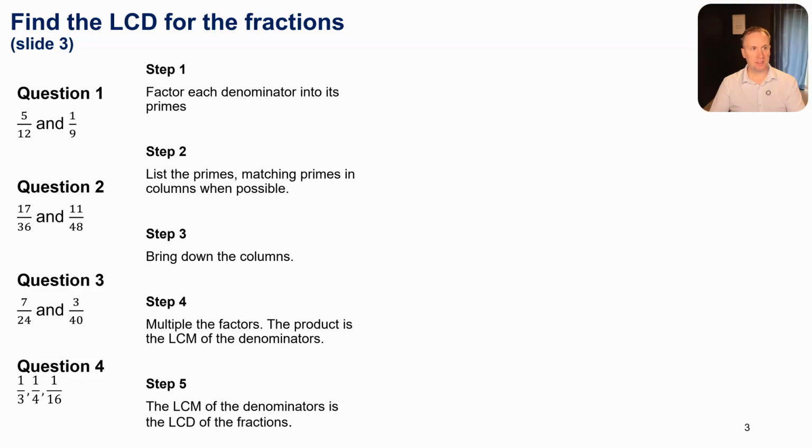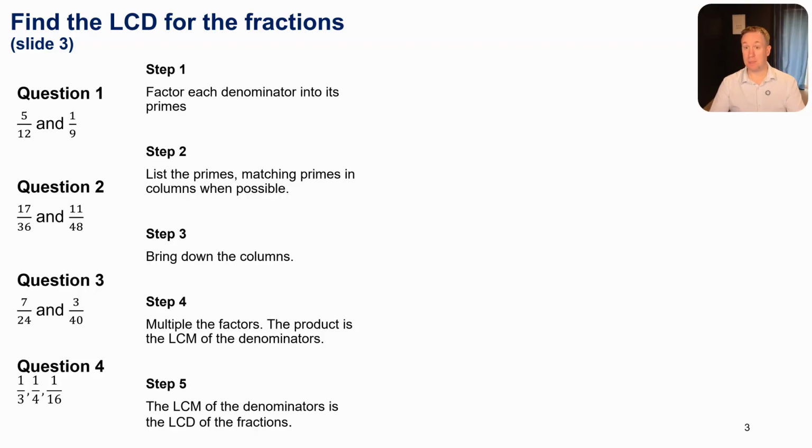Now let's find the least common denominator for the following fractions here. The method I have listed is the method specifically from the OpenStax Pre-Algebra textbook. Broadly speaking, this can be called the prime factorization method. There's another method called the listing of the multiples method. This is probably more common in terms of what's initially taught, and it's very useful when the numbers are small because it's generally a quicker method.